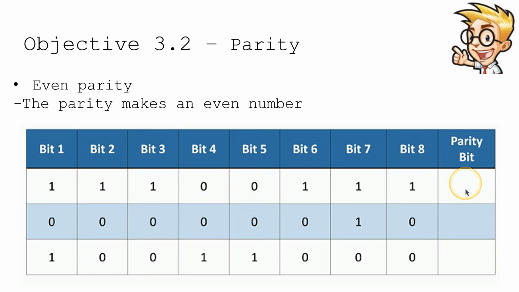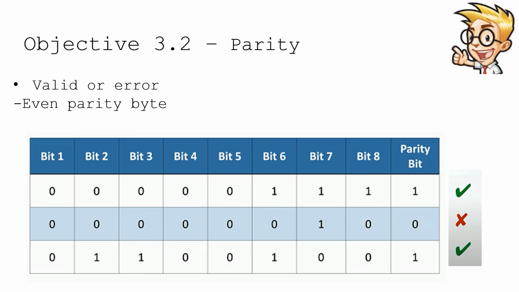And lastly, on the next row, we have 1, 0, 0, 1, 1, 0, 0, 0. We count the number of ones and there's 1, 2, 3 ones. That's an odd number. So we're going to get an even parity then. And now we have an even number of ones in that data. Let's take a look at the next slide and you'll see what I'm talking about.